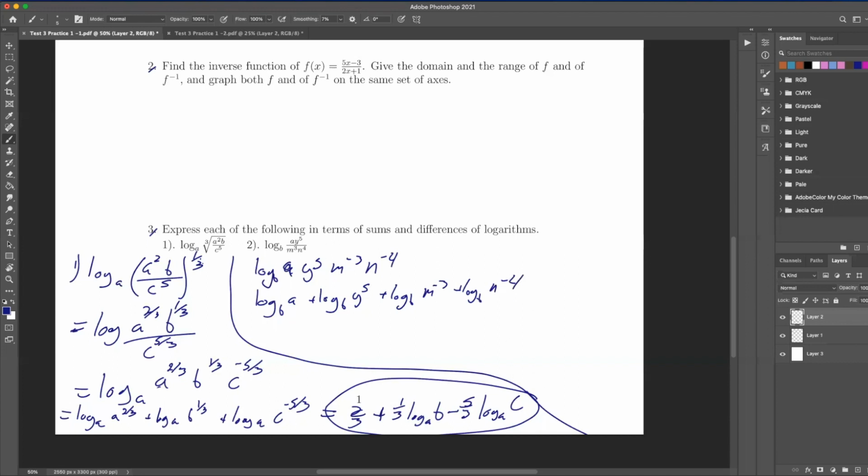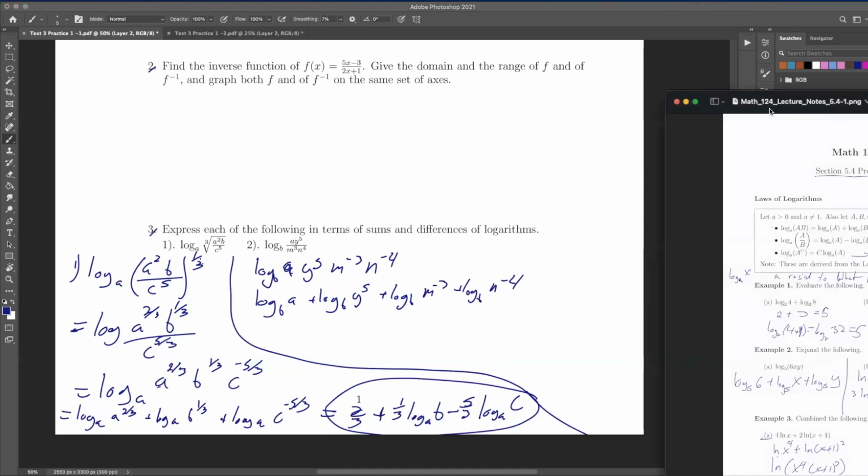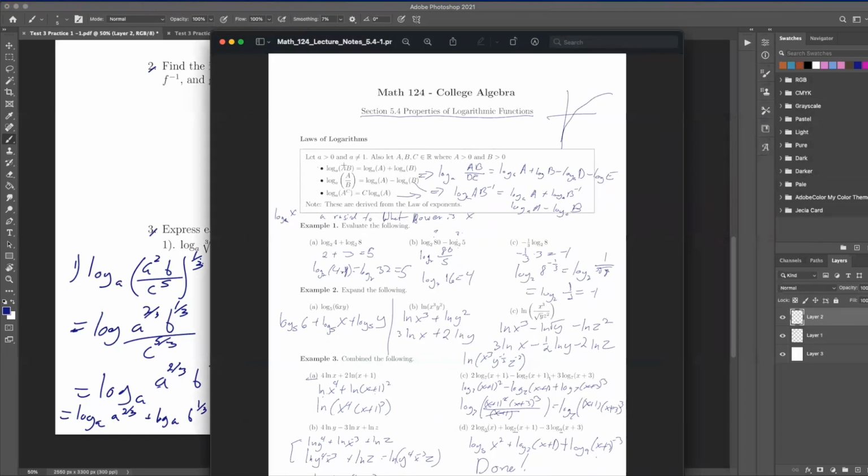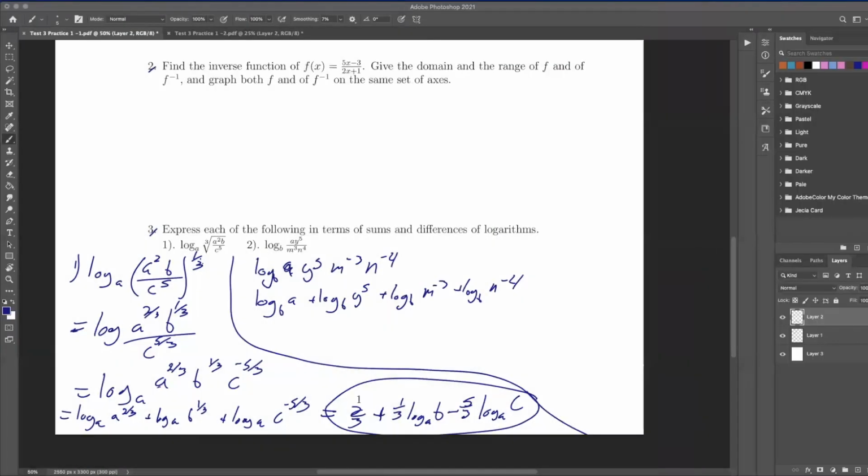And here I'm just using this rule: if I have a times b, that's just the log of a plus the log of b. And so since I have log of a times y times m times n, it's just log base b of a, log base b of y, and so on.